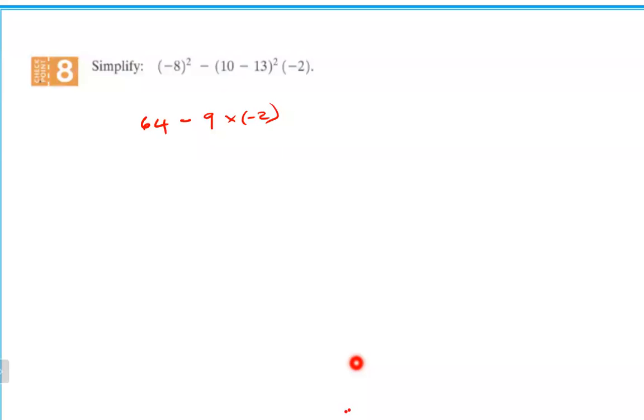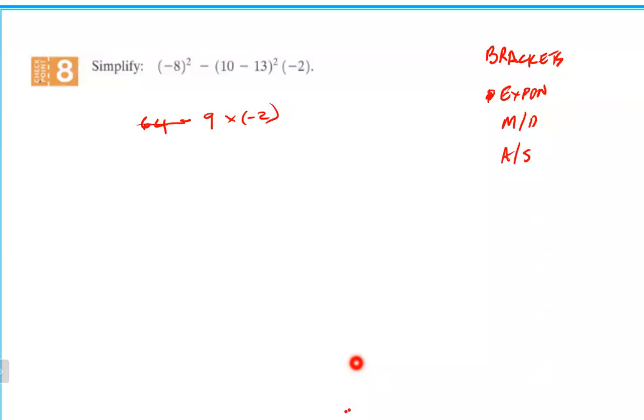Okay, all right. You could do multiple steps at a time, but it works out much easier and you're more accurate when you follow the brackets first, then exponents, then multiply and divide, then add and subtract.